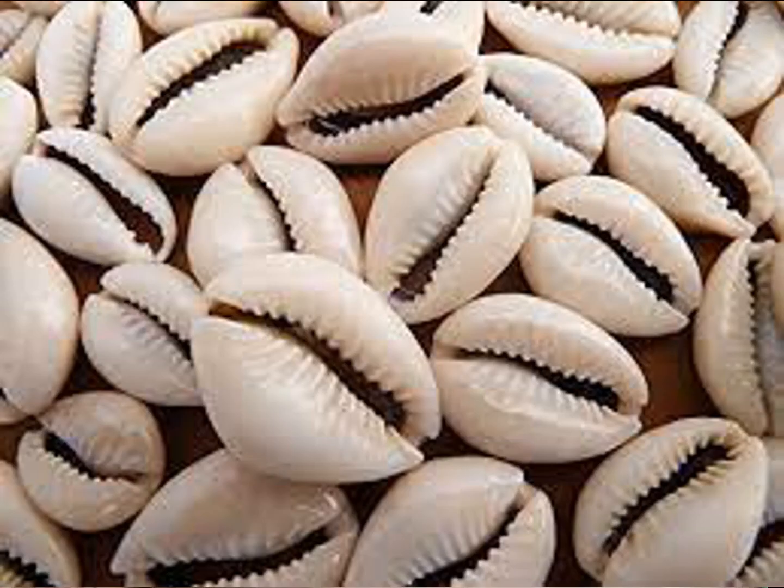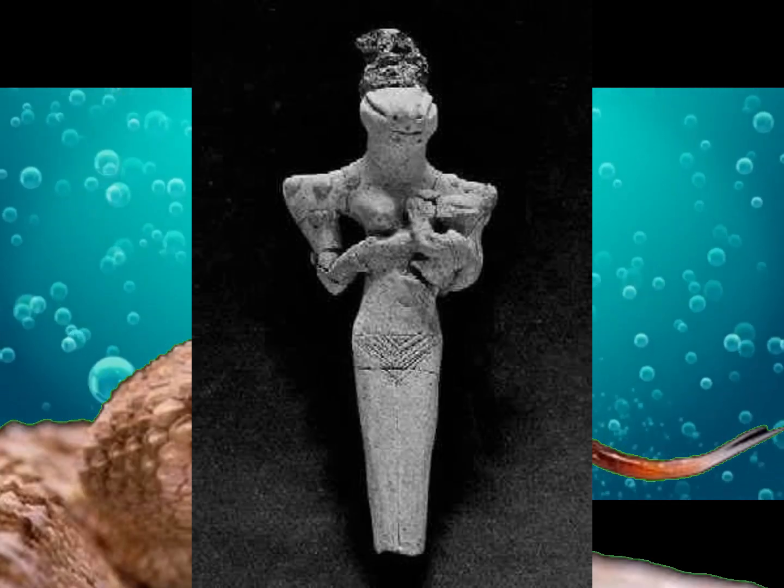And here are some images of cowrie shells. So that suggests that the images we're looking at might be images of the dead. So this could be ancestor veneration statues.